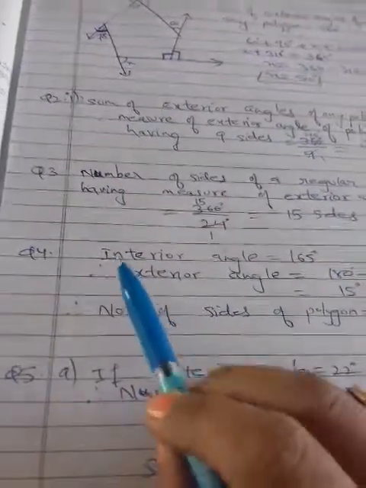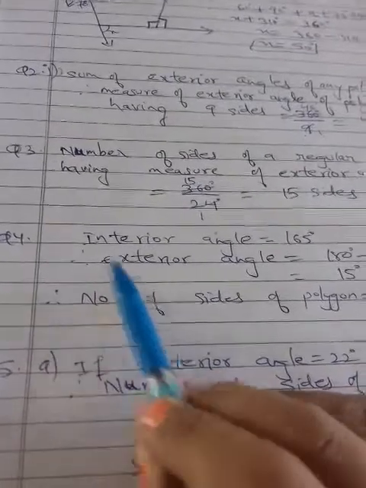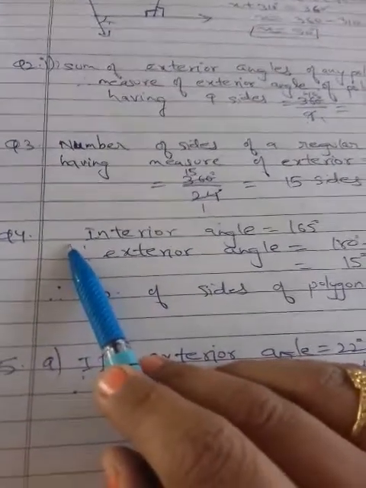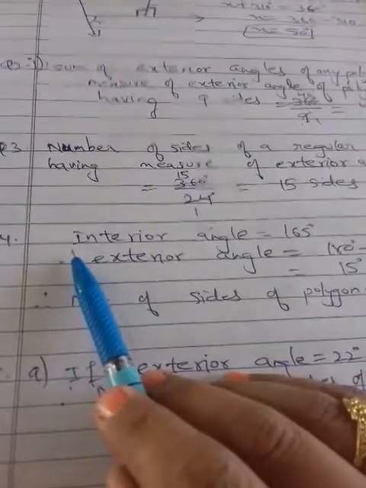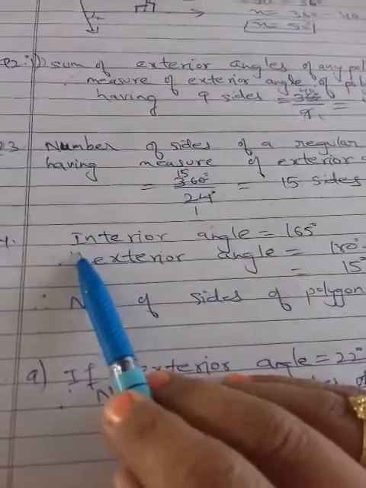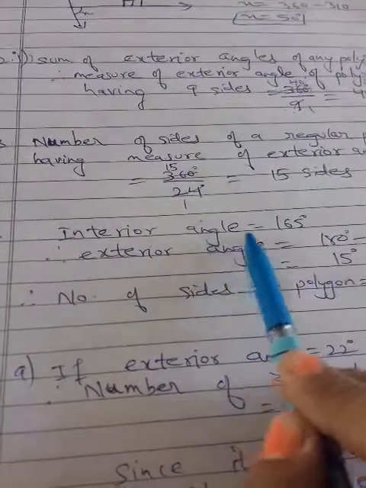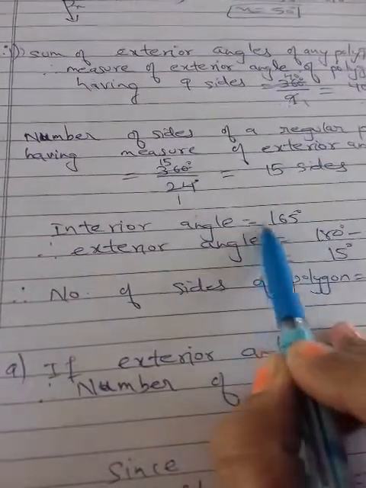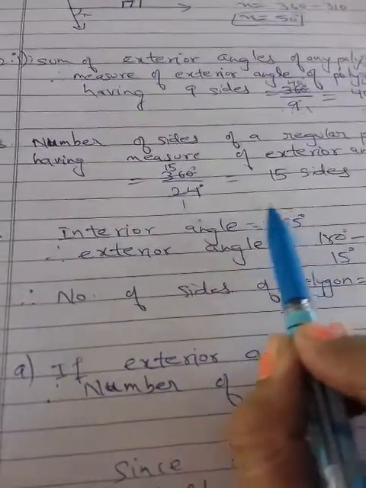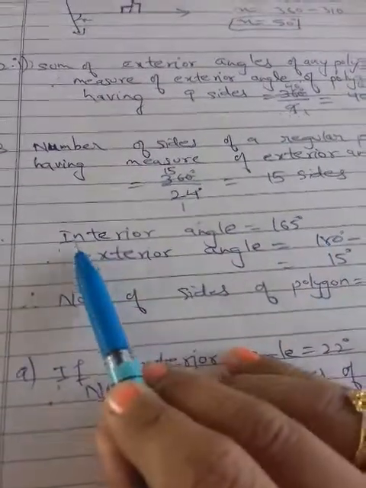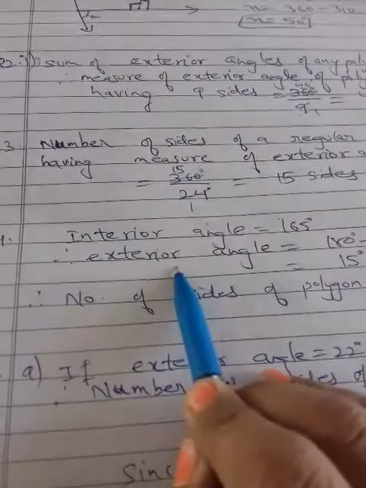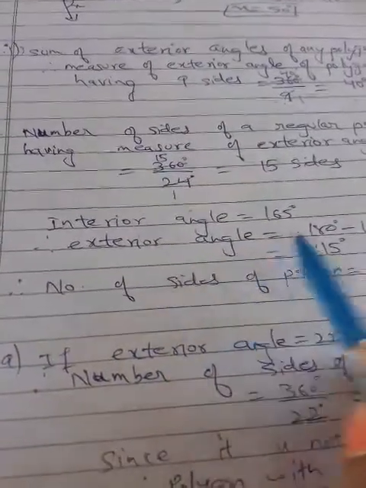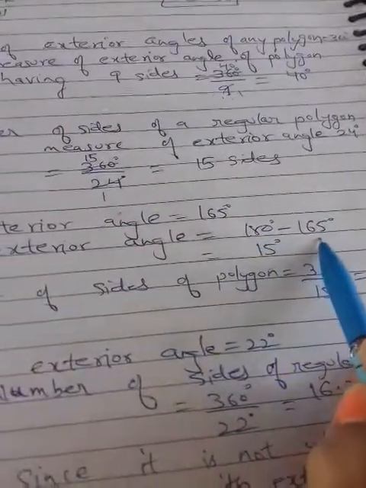Next is question number 4. Here they have asked, how many sides does a regular polygon have if each interior angle is 165 degrees? If the interior angle is 165, here we have the interior angle. Firstly, what we will do, we will find the exterior angle. How can we find the exterior angle? 180 minus the interior angle.